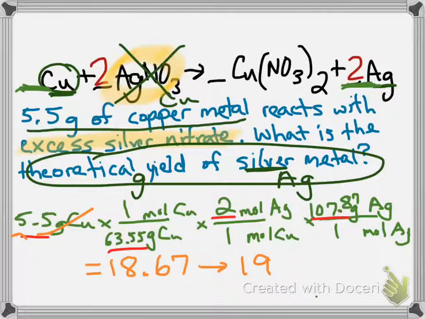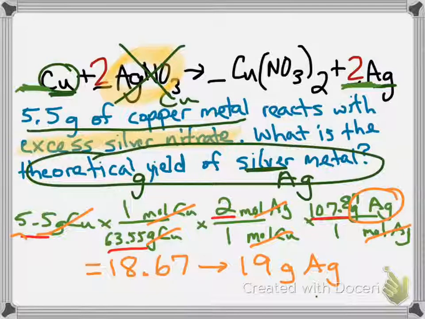And then I know that my grams of copper cancels out with grams of copper, my moles of copper cancels out with moles of copper, my moles of silver cancels out with moles of silver, so my units are going to be grams of silver. So I have 19 grams of silver.